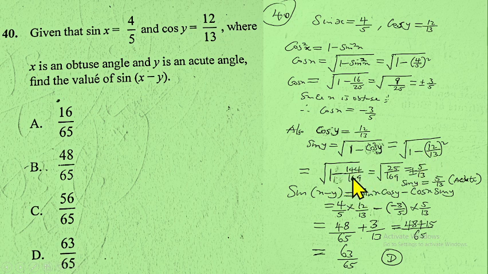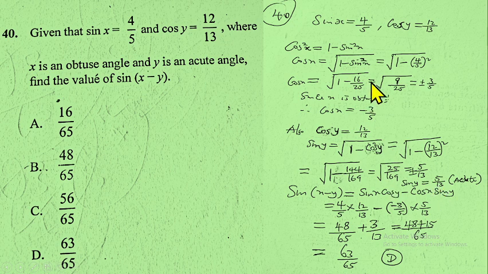Finding the LCM, that is 169 minus 144 over 169, which gives the square root of 25/169. The square root of 25 is 5, and the square root of 169 is 13, so you have plus or minus 5/13. But you are told that y is an acute angle, so we consider the positive value. So sine y will be 5/13 as y is acute.